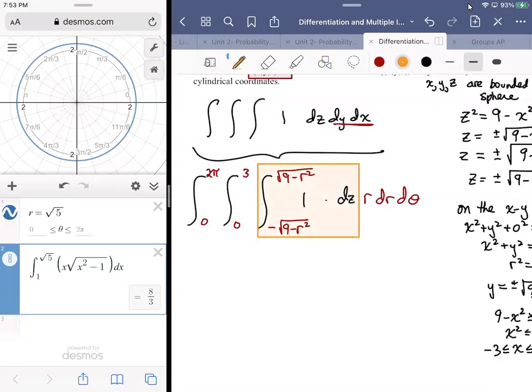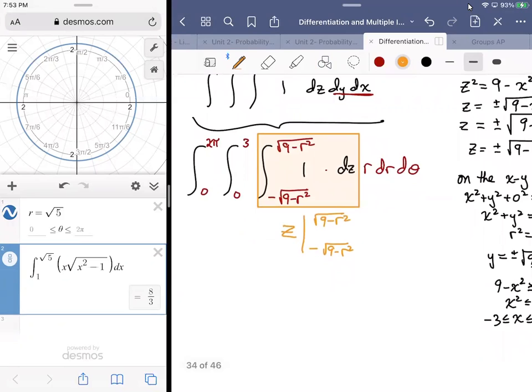All right, so it's going to be z going from negative root 9 minus r squared to positive root 9 minus r squared. So that's the difference between the two. So that's 2 root 9 minus r squared.